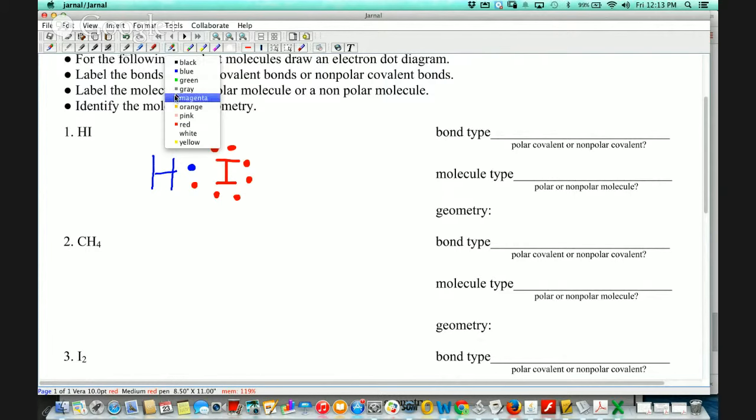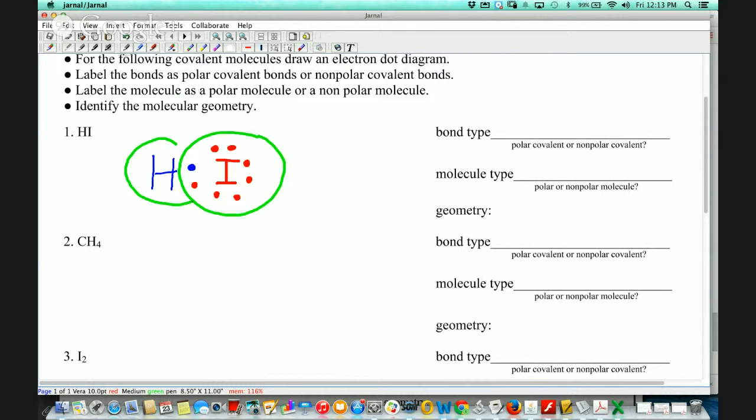We can see clearly that iodine fulfills the 8 by sharing. It feels as stable as a noble gas that has that 8. And hydrogen has 2 because it has as many electrons as its noble gas in its energy level.